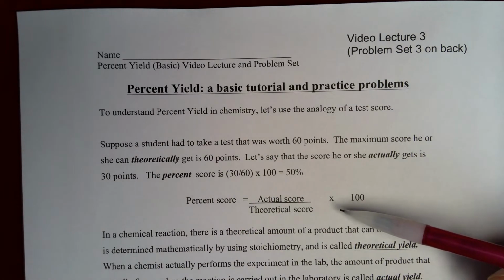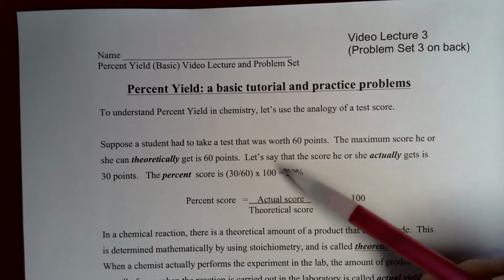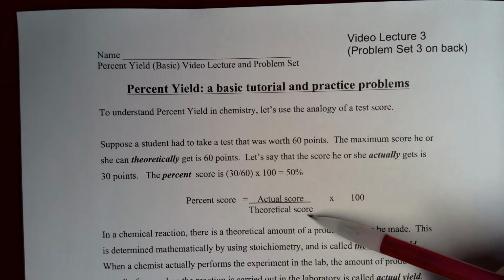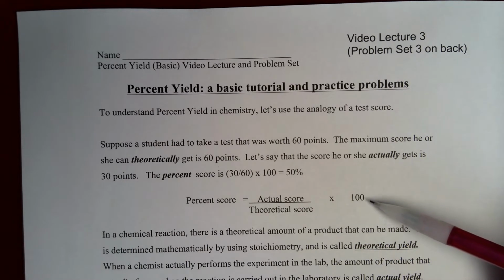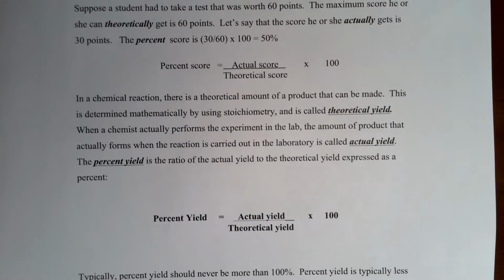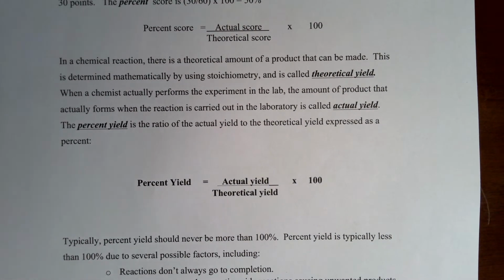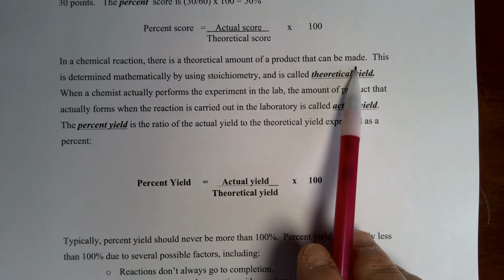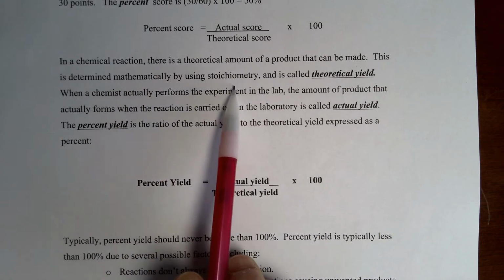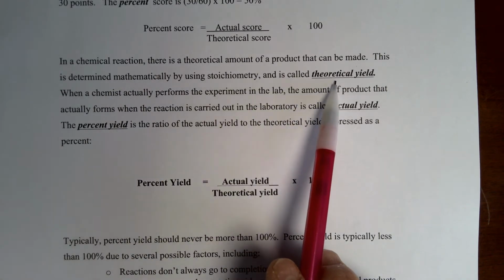This can be captured in the equation of your percent score is equal to your actual score over your theoretical score of 60, and then, of course, multiplied by 100 to put it into percentage form. In a chemical reaction, there is a theoretical amount of product that can be made. This is determined mathematically by using stoichiometry and is called theoretical yield.